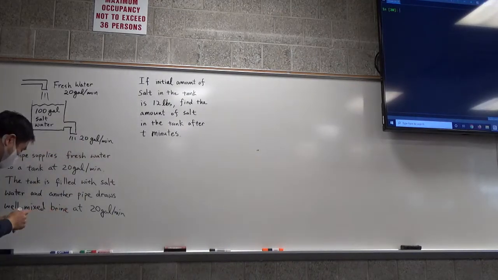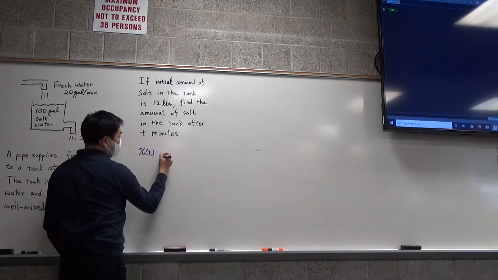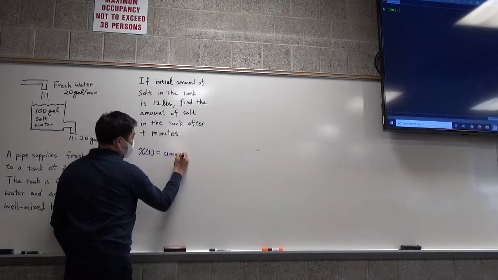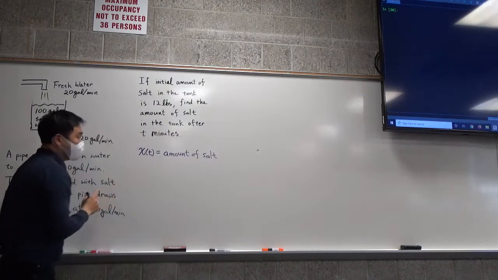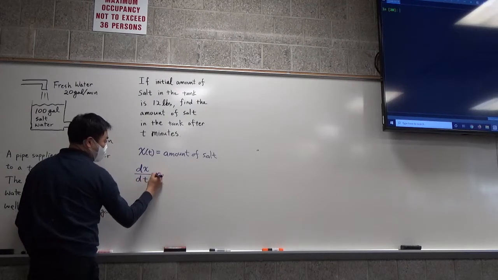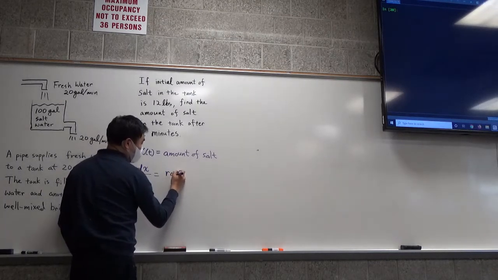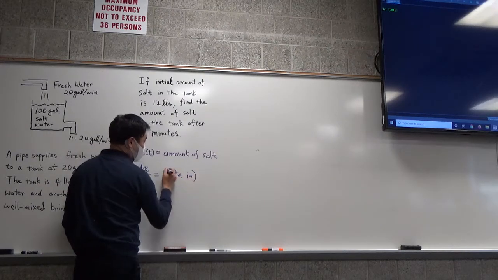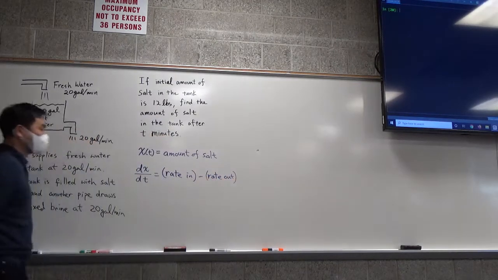And to build a differential equation, you have to use this idea that, let's just say x of t is the amount of salt in the tank, then the rate of change of the salt in the tank is equal to the rate in minus the rate out. Okay. So it makes sense.